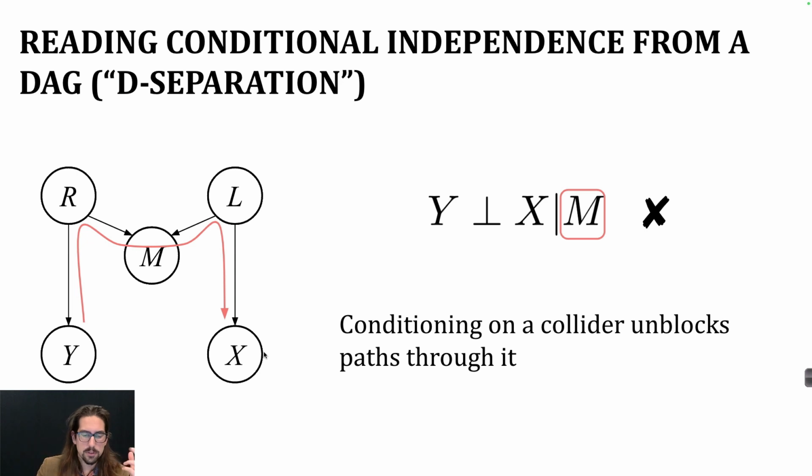I think it helps to think about the code, right? If I first am generating R and then generating L, then I generate m, both based on R and L, and then I generate y.